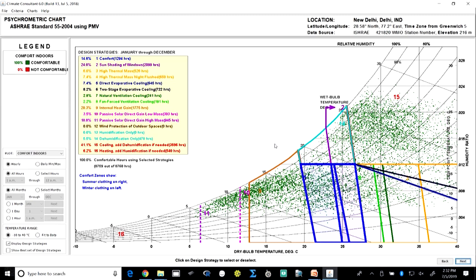But if we look at these strategies, we are looking at sun shading of windows, high thermal mass which is also flushed during the night time. We are looking at direct evaporative cooling, two-stage evaporative cooling, natural ventilation cooling, fan forced ventilation cooling. Now, all of these are not passive design strategies, some of them are advanced passive strategies.